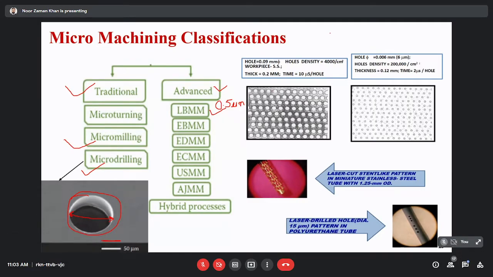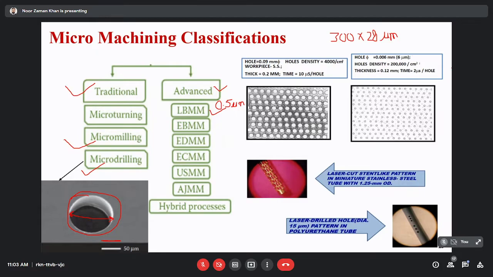In order to produce these types of nozzles, we require advanced micromachining processes. Laser beam micromachining has so many other applications, including marking, engraving, etc.